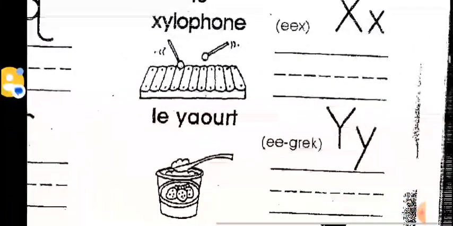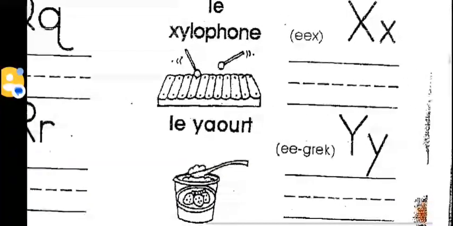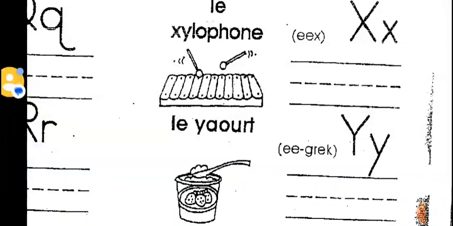And then the next is la lettre Y. And Y, we have the word le yaourt. Le yaourt. Good. And how is le yaourt spelled?